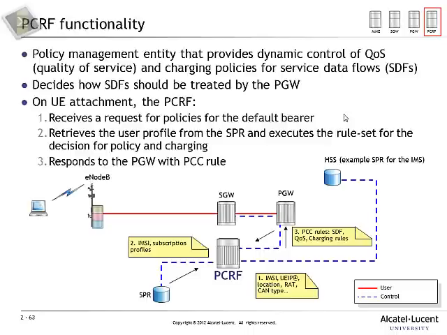So we have to have mechanisms for providing quality of service and charging for various data flows. And this term SDF, service data flows, is another nice acronym in the subject. The PCRF is essentially the entity that decides how different SDFs are going to be treated. So what happens when a UE attaches?